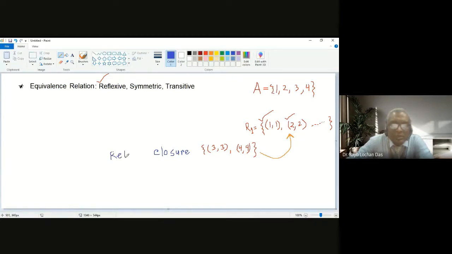So now try to understand what about the symmetric closure and what about the transitive closure. Is that clear? Reflexive closure. Is the idea clear? Now think again and try to understand. Do you understand what I say?